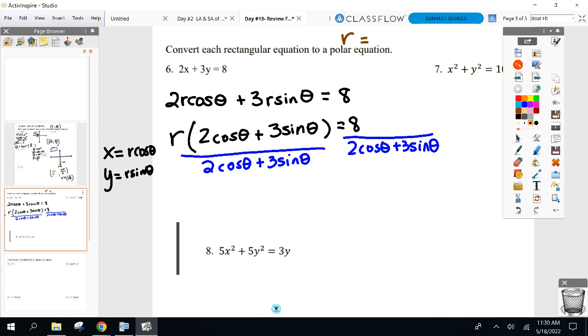Is it 4 over? R equals, don't be a hero. Is it R equals? Yeah. Then you can stop. Once it's R equals, you can stop. So factor out an R.